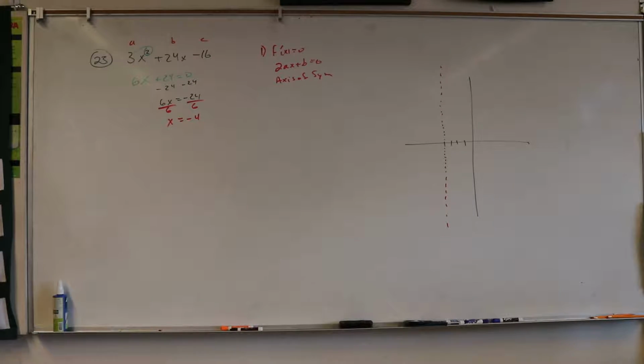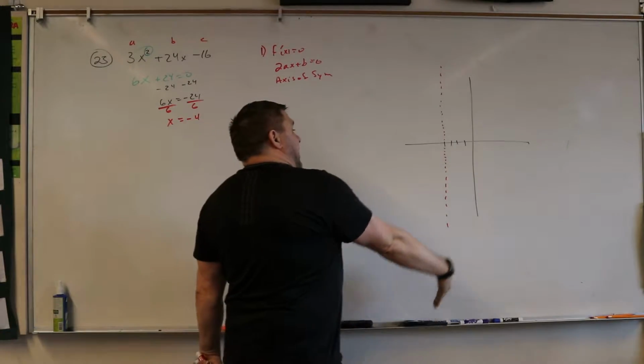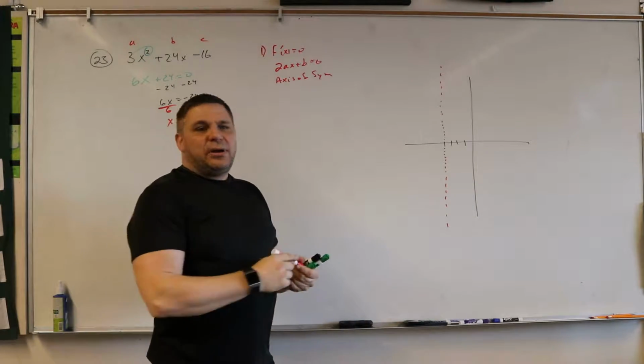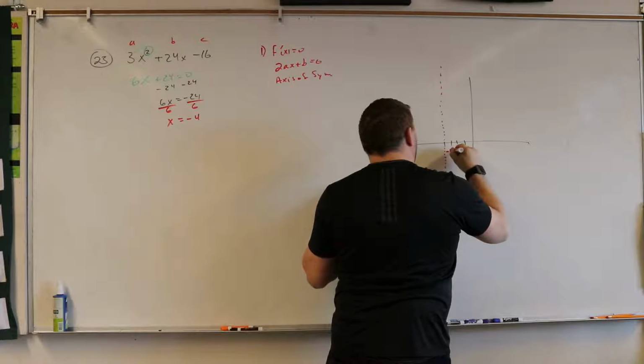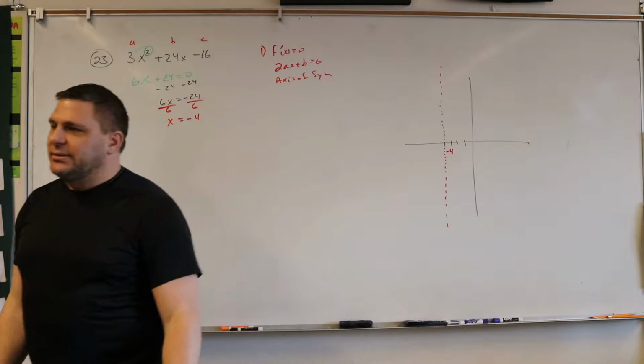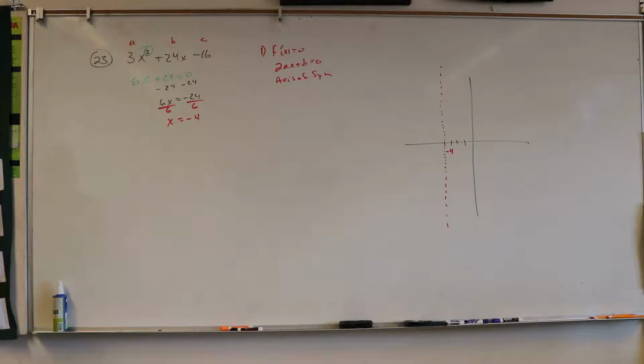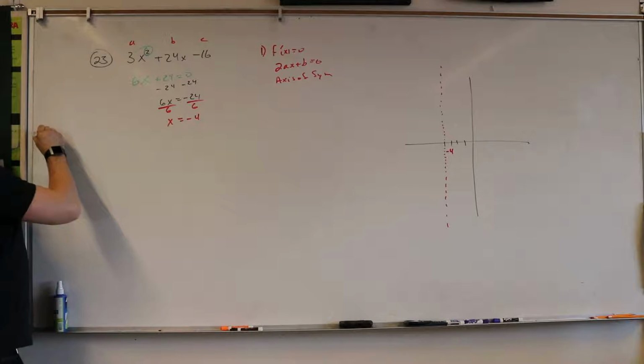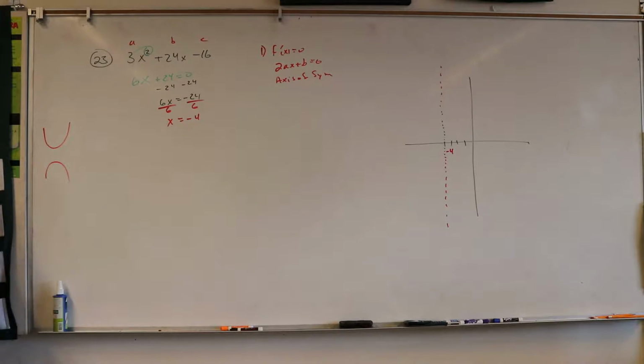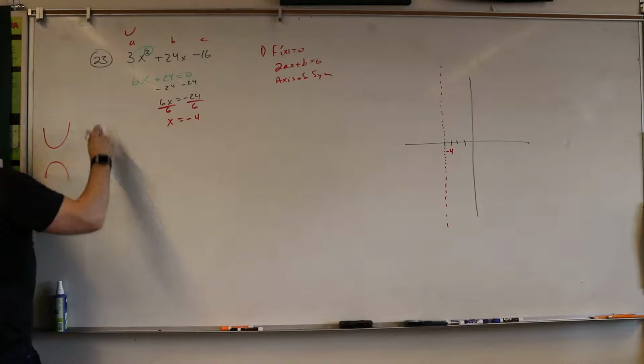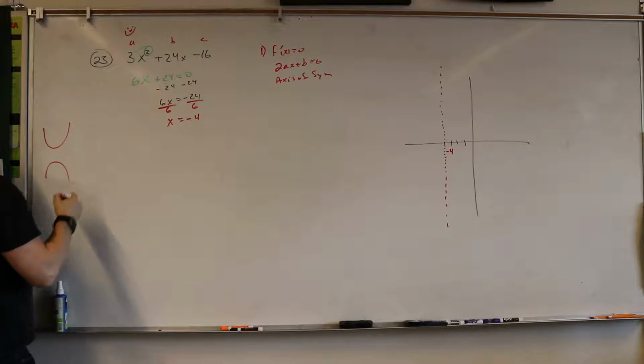That's all the axis of symmetry says, that at negative 4 we are symmetrical. What are we symmetrical about? Well, it's either going to look like this or like this. Is it frowning or is it smiling? Smiling, because this is positive.